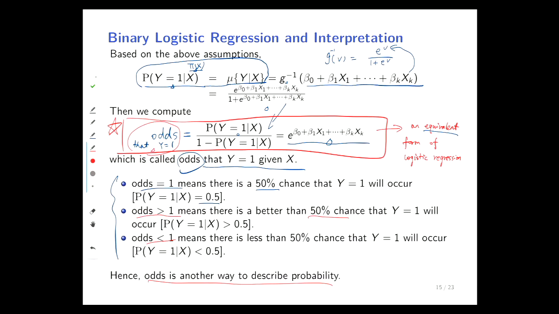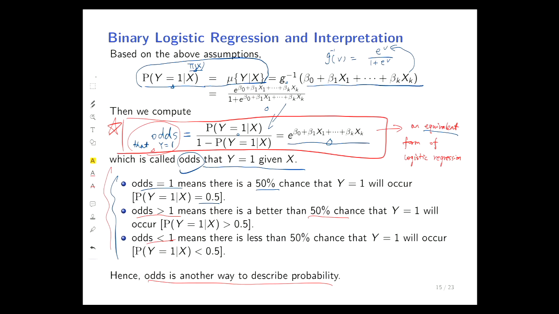So what's odds? We use these examples to explain that odds is just another way to describe probability. So if we increase odds, that basically means we increase probability. We actually try to interpret probability, but it's really hard to interpret, so we change to a different way to describe it by using odds.